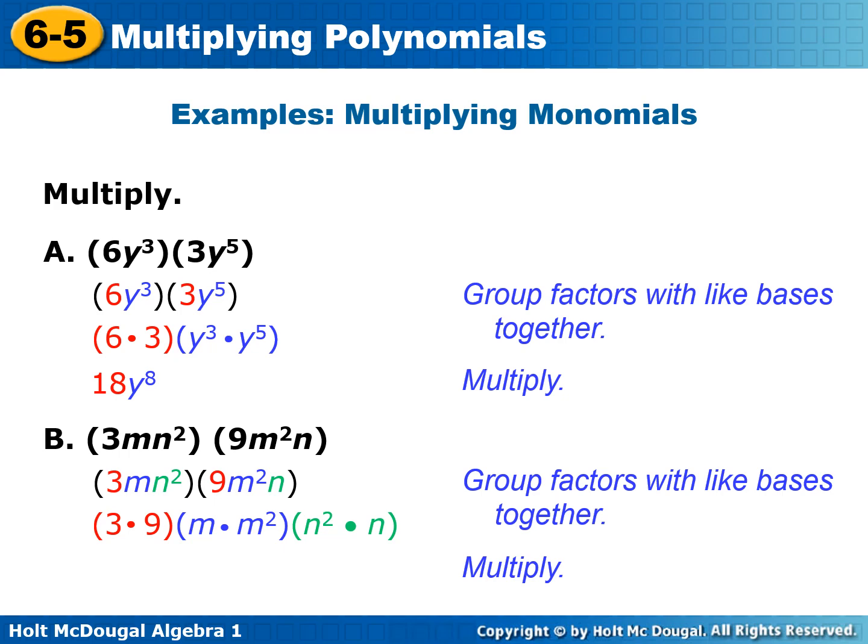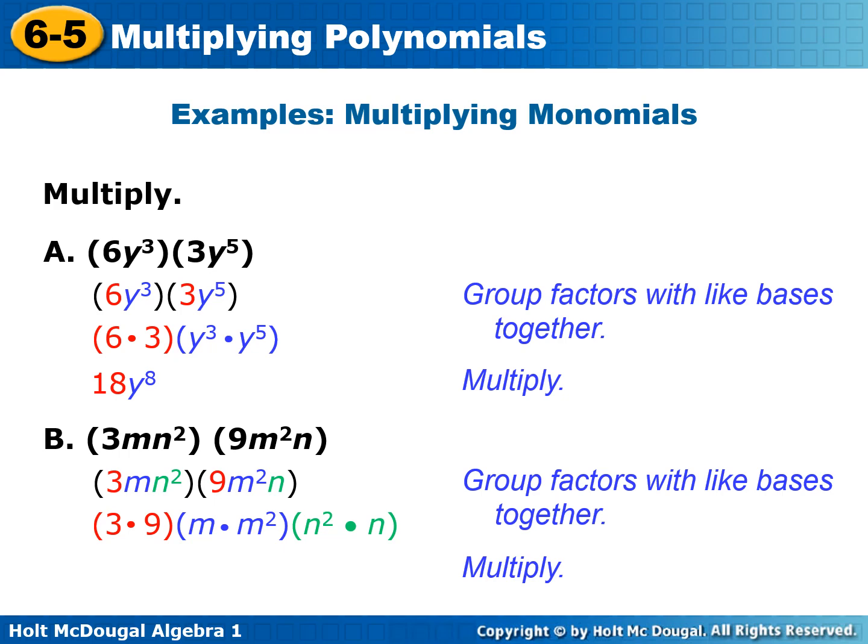Okay, so we got the variables: we have here m from the first monomial, and then m squared from the second monomial, n squared again from the first monomial, and n from the second monomial. So we multiply them, we apply the product rule.